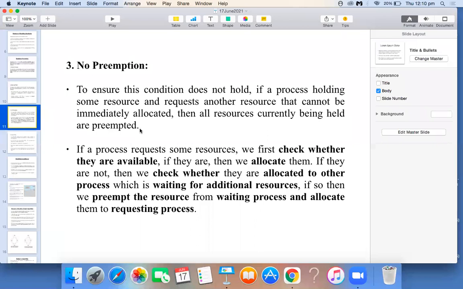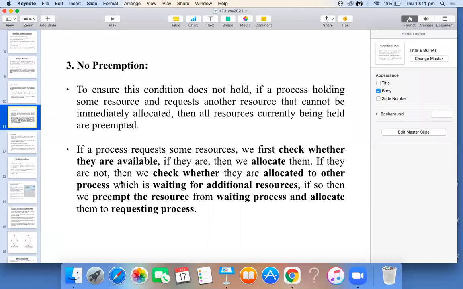That is the first method you can use for avoiding no preemption, by removing those resources from the processes.